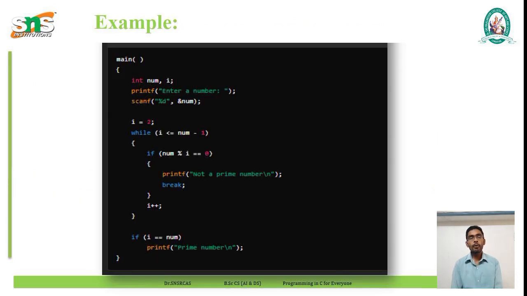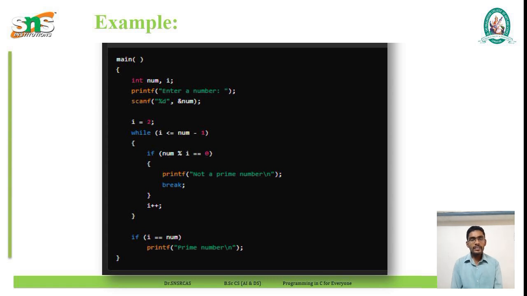Here is an example of how it works, how the break statement is actually used. I would like to explain briefly the main core logic. Why break statement here? Here the variable i is initialized with value 2. The while condition is started with 2, i less than or equal to num minus 1.